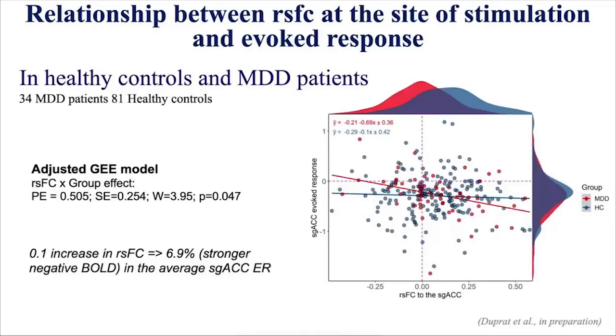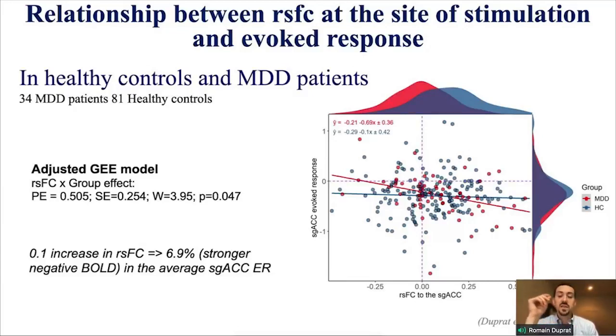So next slide. Here is what happened when we put our extracted evoked response into a GEE model. We found that there was no relationship between functional connectivity at the site of stimulation and the evoked response in healthy controls, but in our depressed patients, we saw that there was a significant effect.